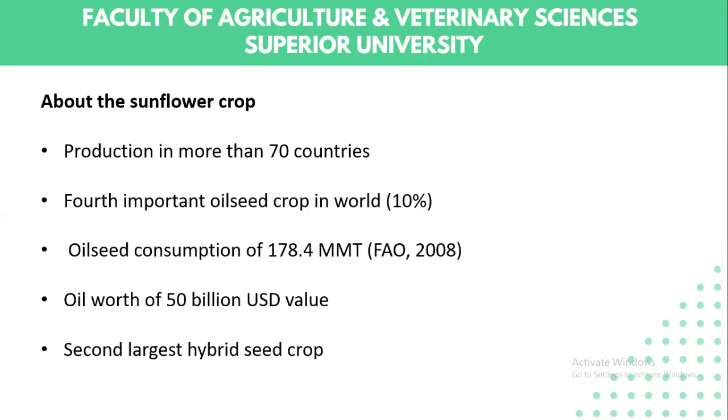The sunflower is the fourth most important oilseed crop as well. After palm oil, soybean, and canola, the sunflower occupies the fourth number, and it contributes around 10% of the total edible oil.